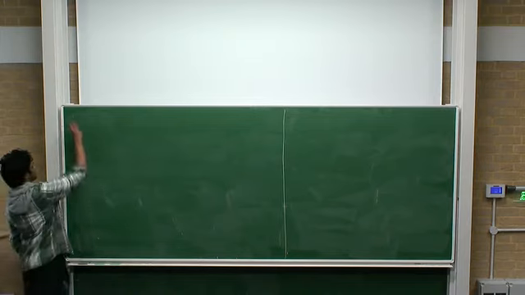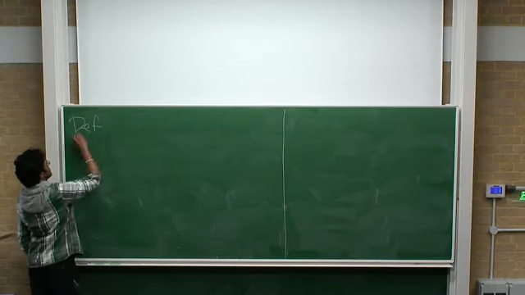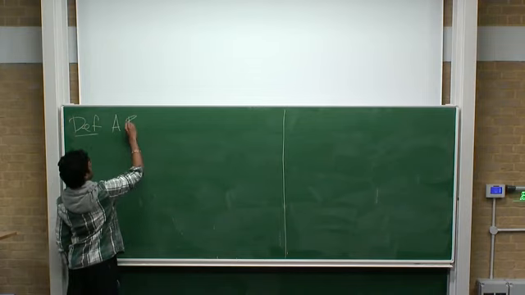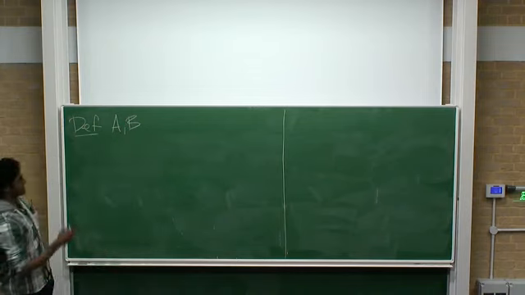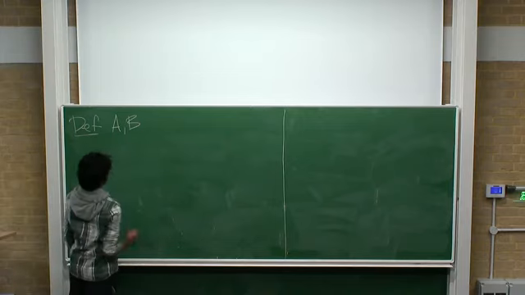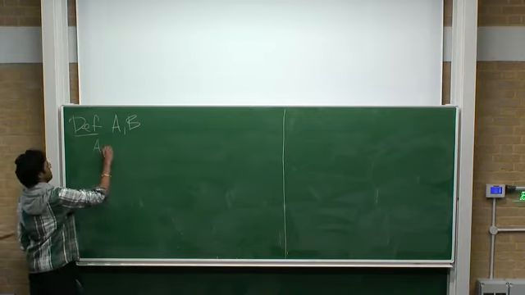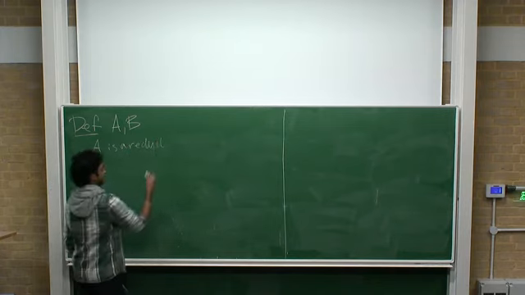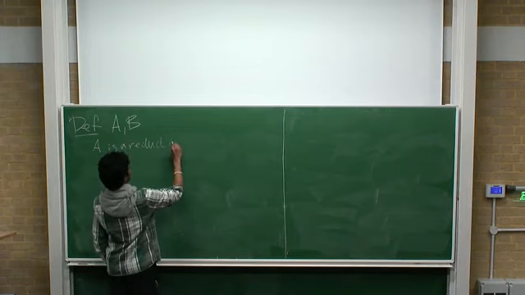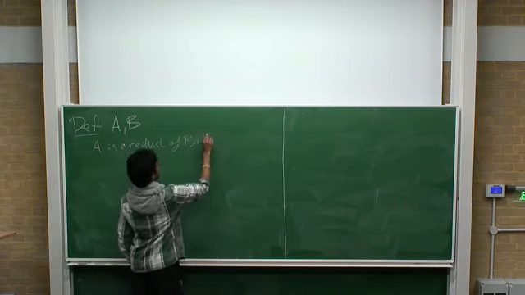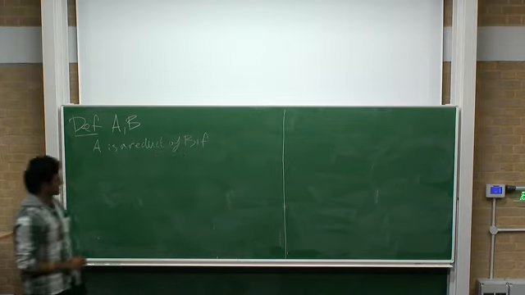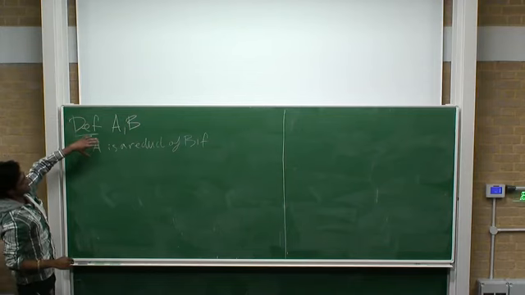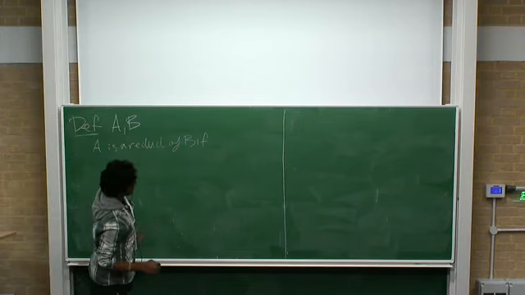Okay, so definition. We have two countable structures, A and B, and they have the same domain. We say that A is a reduct of B. The intuition of the definition is that A has less information than B does.